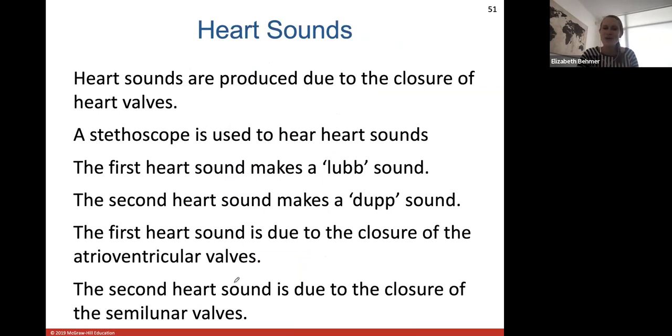The first heart sound is due to the closure of your atrioventricular valves, the tricuspid and the bicuspid valve between the left and right atrium and ventricle. The second heart sound is due to the closure of your semilunar valves, which open and close to the aorta and pulmonary trunk. So those are your heart sounds.